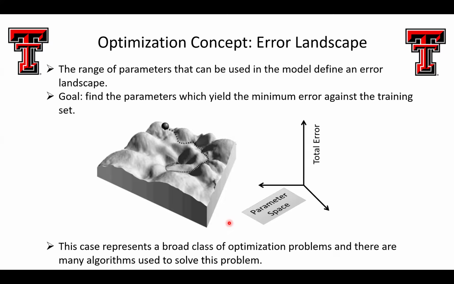Because your algorithm needs to know how good your force field is. It needs to be able to rank order different force fields. So what you need is a mapping of your force field onto your target number, your quality. Well, essentially, you need to define an error landscape.